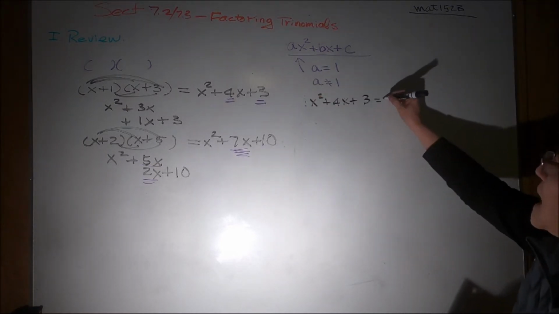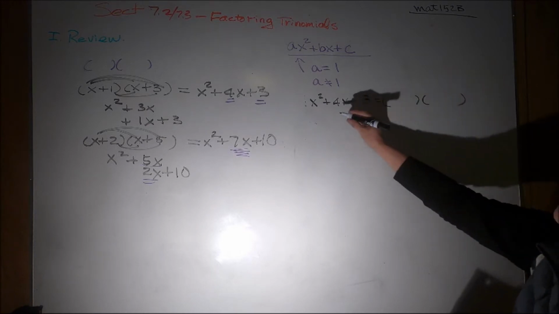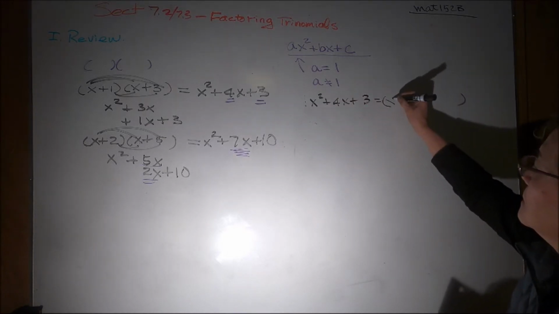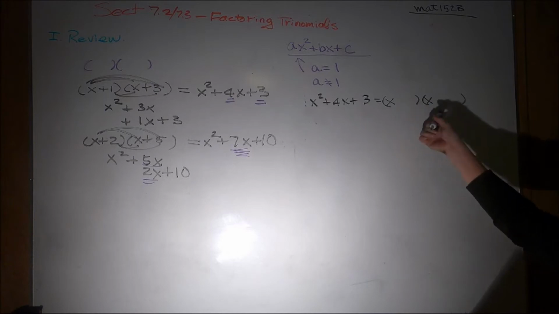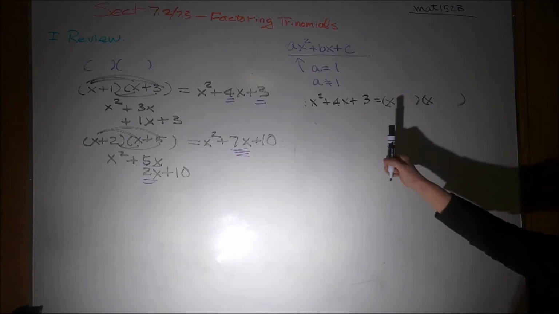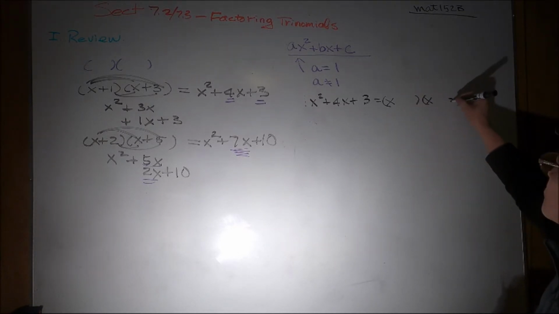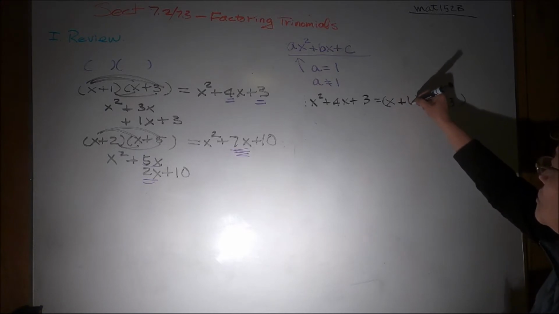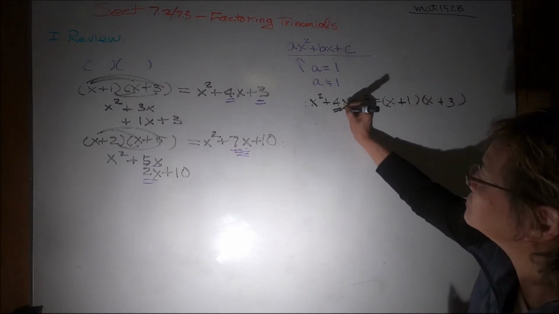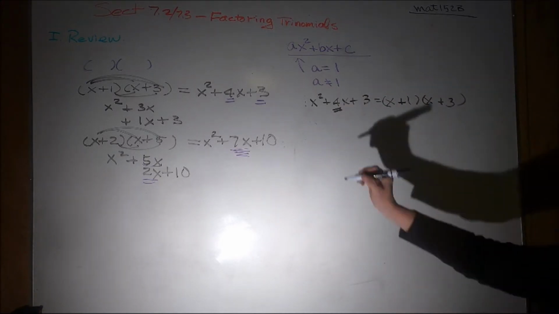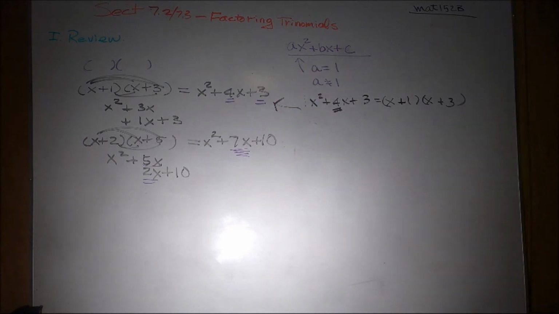So you will break down what? The first one, that's x squared. The leading coefficient is 1, so it's x and x. What's the 3? 3 can be broken down to what? 3 times 1, right? So 3 and 1. When you add them together, just happen to be the middle one. So is that the situation?